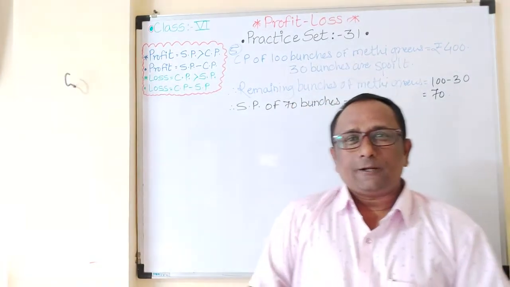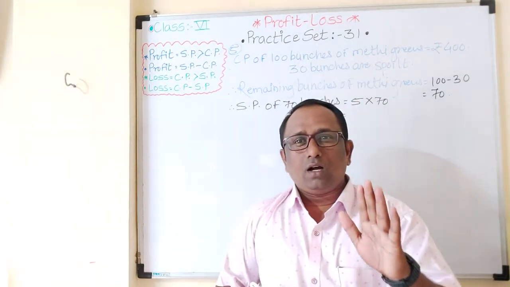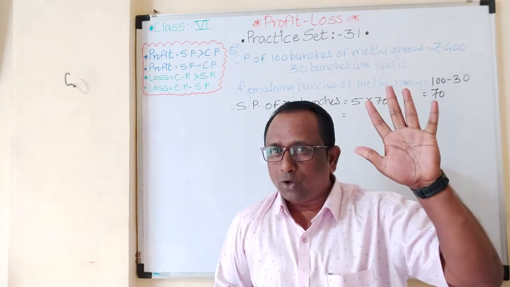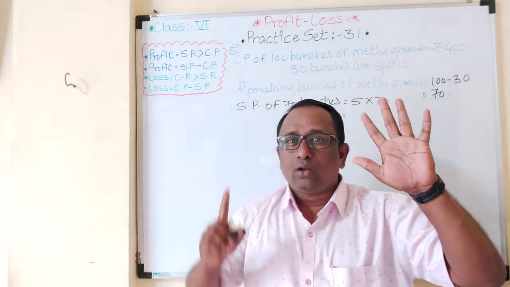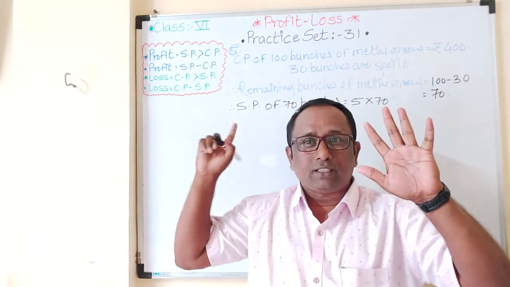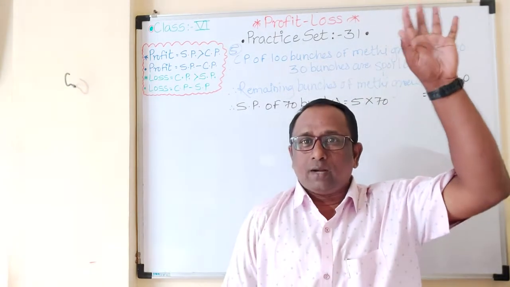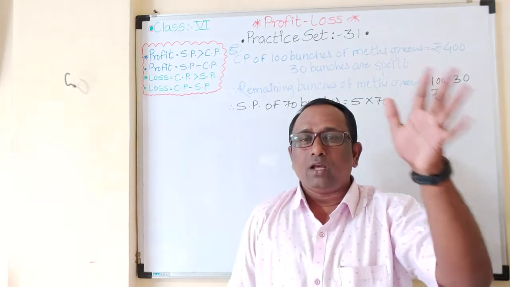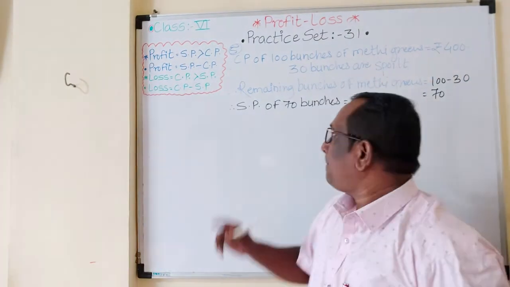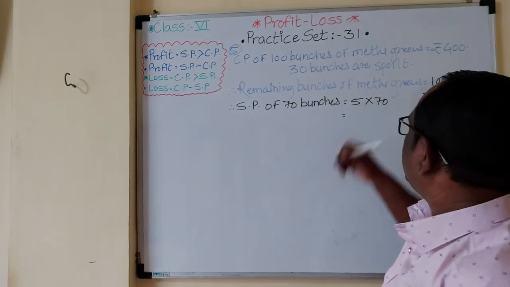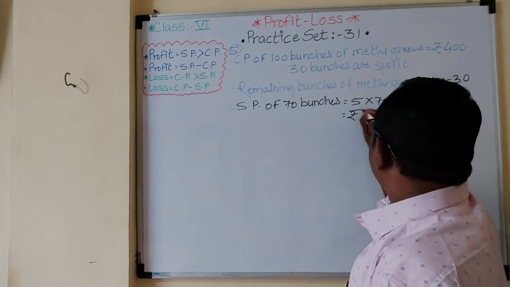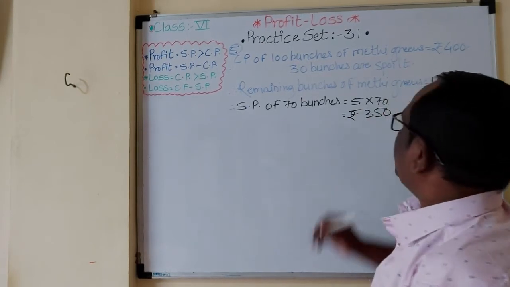See students, here one bunch is 5 rupees, and total bunches remaining is 70. So we have to find the selling price of that. Actually 100 but 30 spoiled, so 70 remain. So 70 multiplied by 5, 7 5s are 35, so rupees 350.